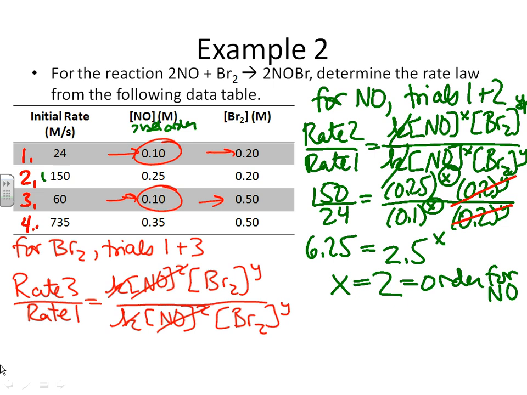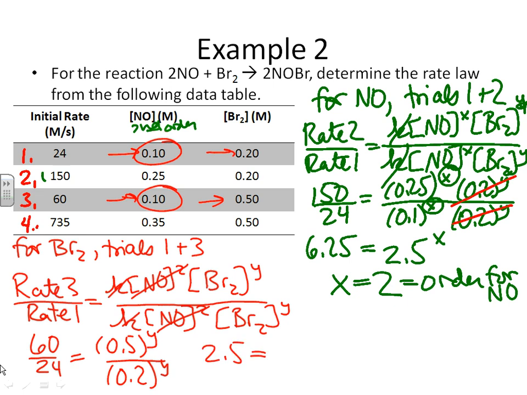And then plugging in the data, I have 60 divided by 24 for the two rates. Concentration of bromine, I have 0.5 to the y over 0.2 to the y. And then it's really just a matter of solving out. 60 divided by 24 is 2.5. 0.5 divided by 0.2.